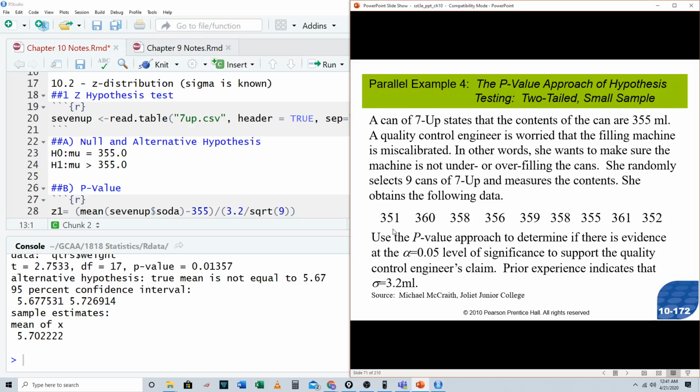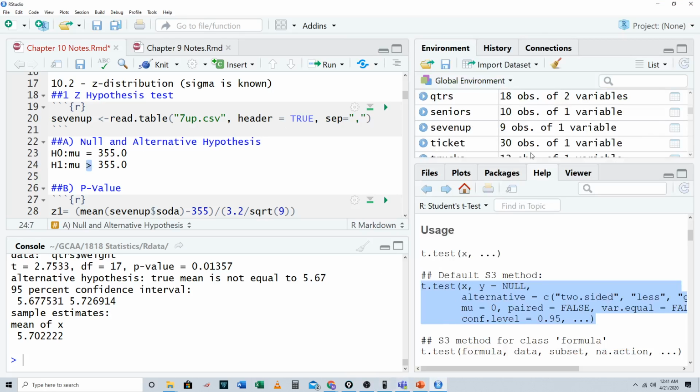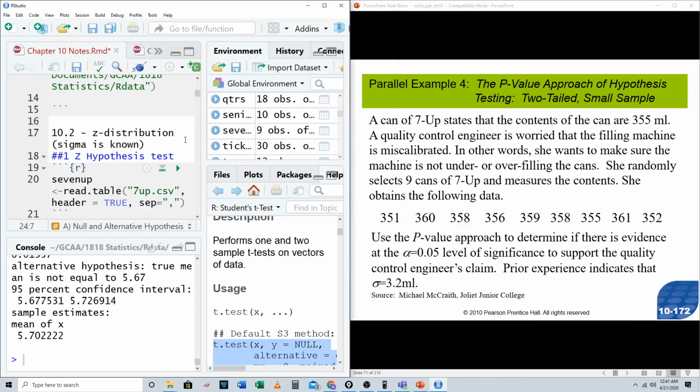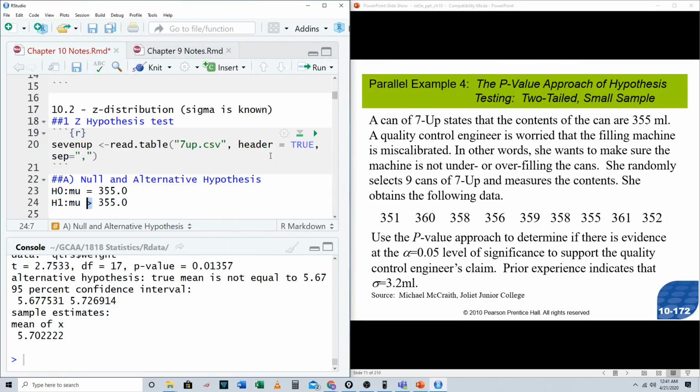So I'm going to do a regular test instead of worrying about it before we start. So here we're just going to assume it's overfilling. All right.